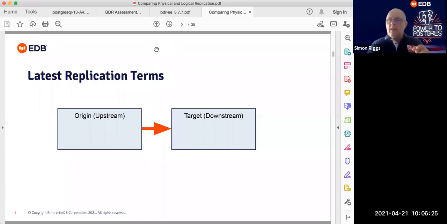But it's actually important to use that word origin because that becomes important when we look at cascading replication, and it also comes in when we start to talk about other issues as well. So origin is the upstream node, target is the downstream node.